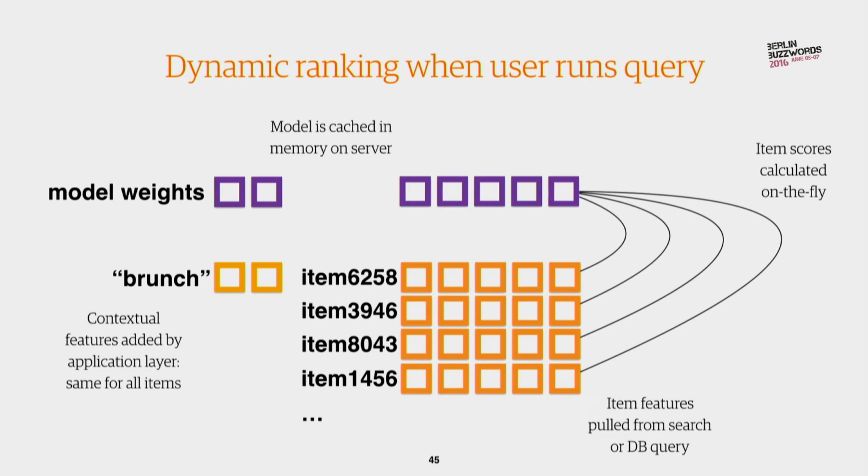And then if you're using contextual features from the query or the page context, then the application layer could fill those in, concatenate them with the features describing each individual item. And then you perform the weighted sum between the model and each item on the fly, and then sort by that result.